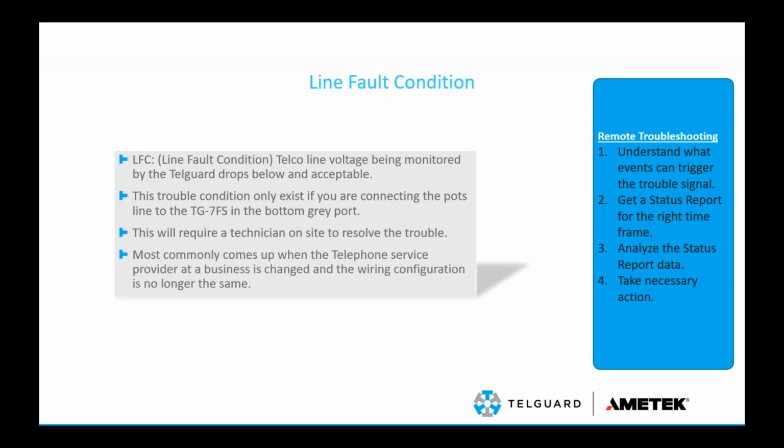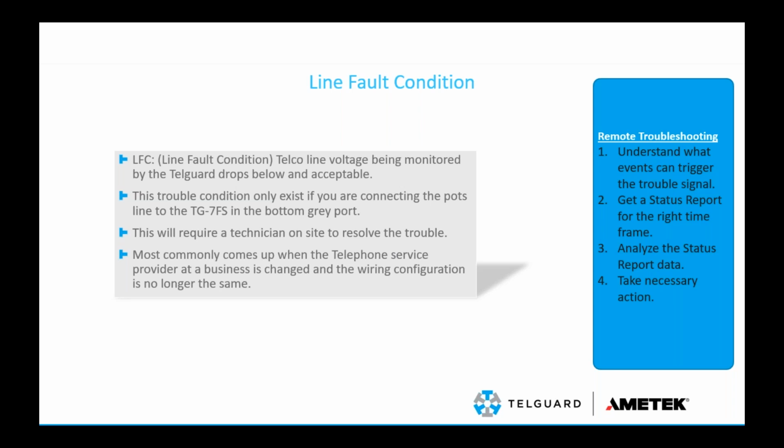Now, line fault condition. So this is where the telco line voltage being monitored by the Telguard drops below the acceptable amount. My apologies on the typo there. So this is where the voltage drops below 28 on the bottom gray port of the Telguard.